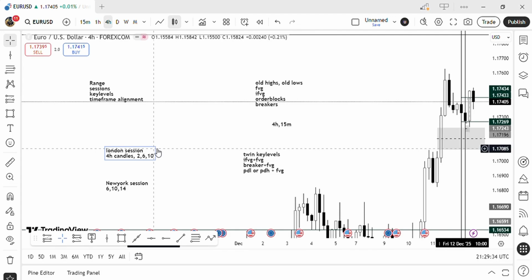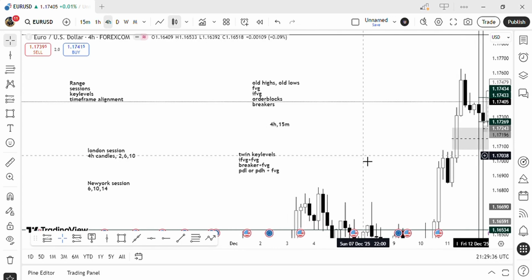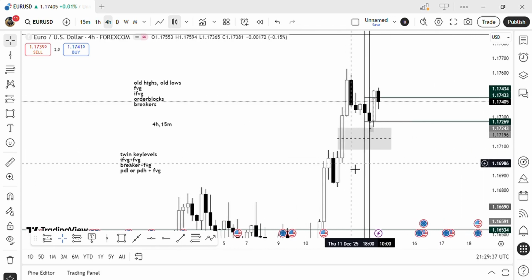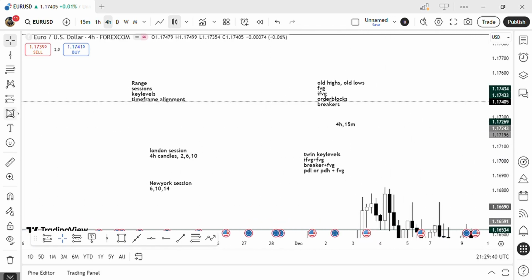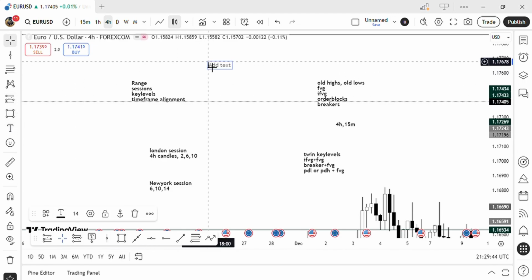So this is how to trade the candle range theory effectively. Candle range theory by Peeps Dojo.